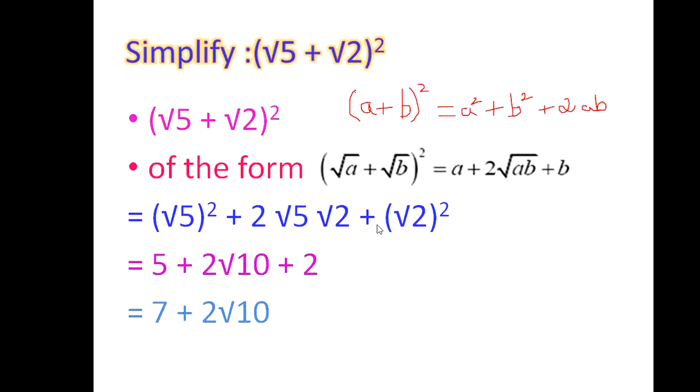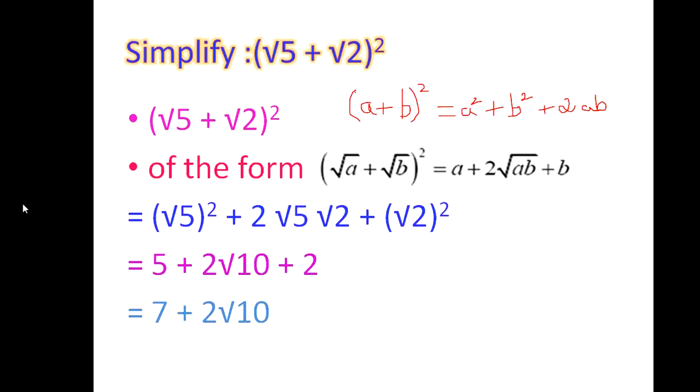So in the identity it is a, so that a is 5 here, plus 2 into square root of ab. So square root of ab means root 5 into 2, and 5 into 2 is 10, so that's why you are getting 2 into square root of 10 plus b. The b value here is 2. Okay, 5 plus 2 into square root of 10 plus 2.